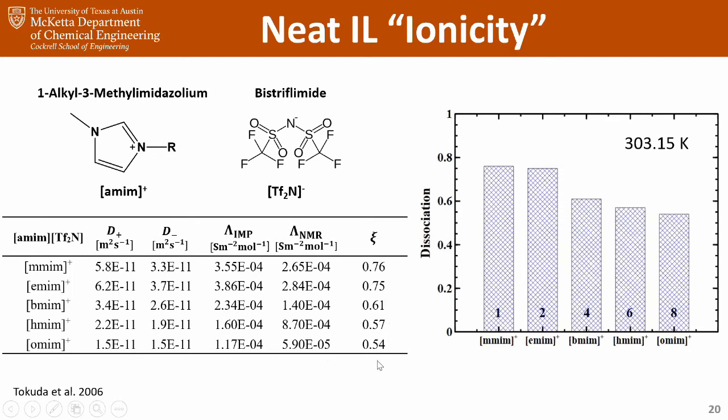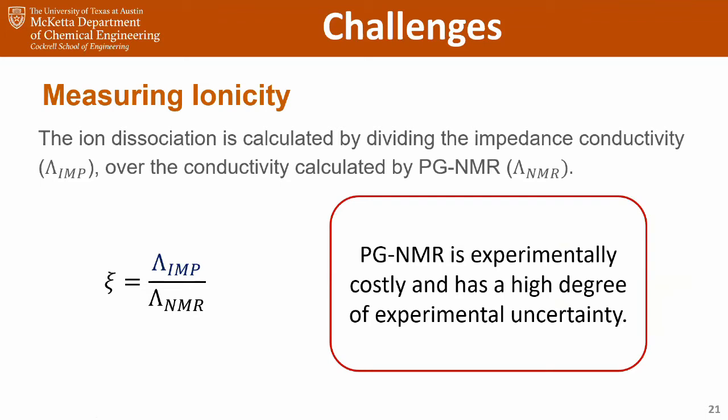And the interpretation, of course, is that this is due to the van der Waals interactions between those alkyl chains. The methyl-methyl, and even the ethyl-methyl, about 75% of them are dissociated in the pure IL, where it goes down to about 50% in the octyl-methyl imidazolium bistrifluamide. All right, so as I said, the pulse field gradient NMR is kind of experimentally costly and time costly.